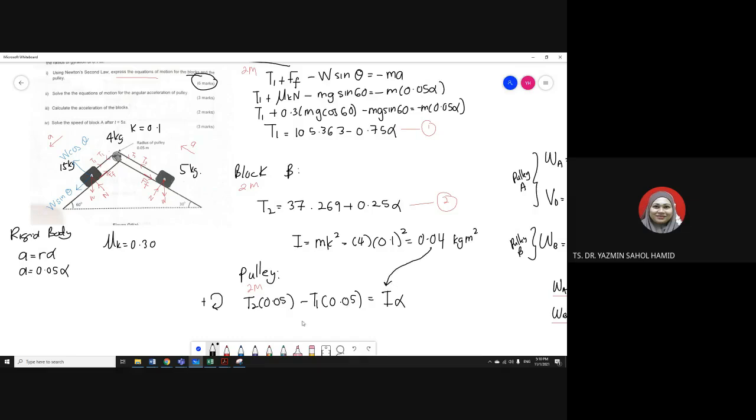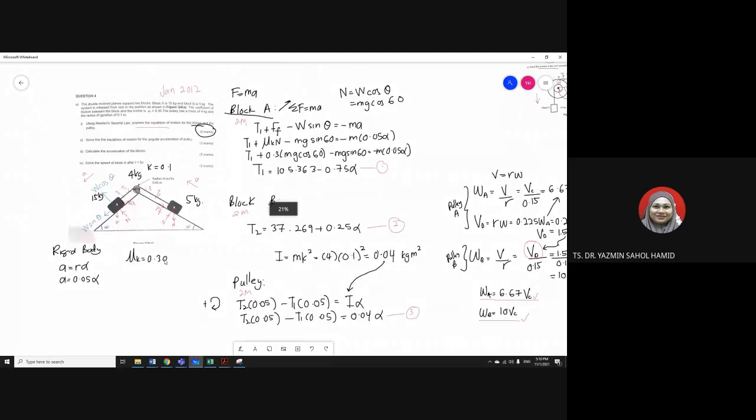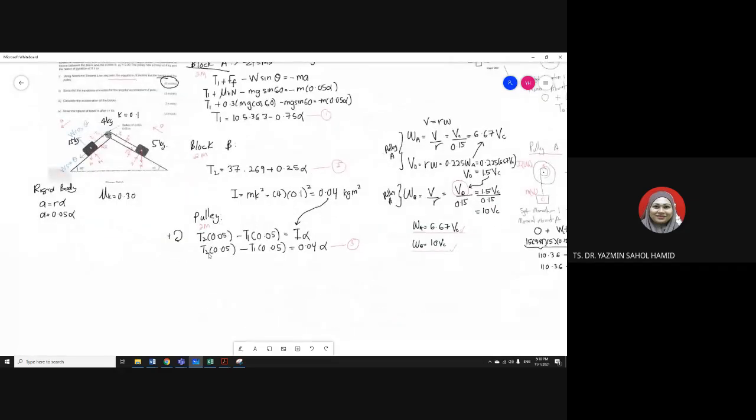So then you will get your third equation: T2 times 0.05 minus T1 times 0.05 equals to 0.04 alpha. So this one will be your third equation. Now, when you have these three equations, you need to solve them simultaneously.